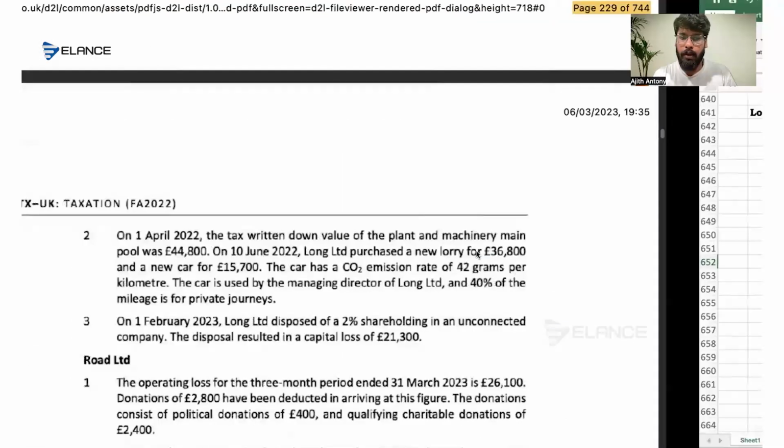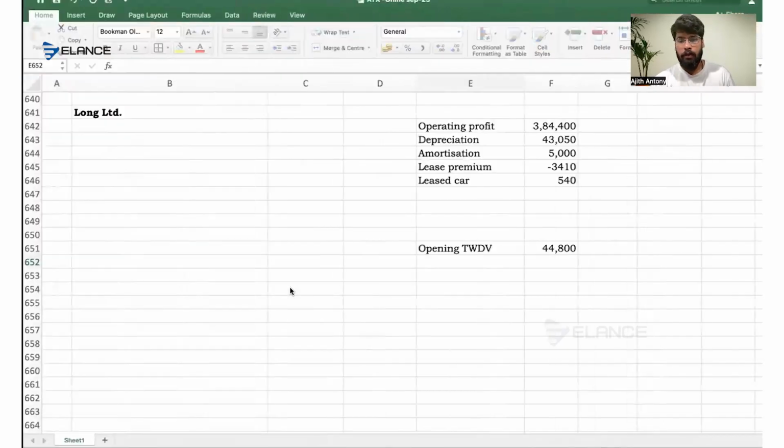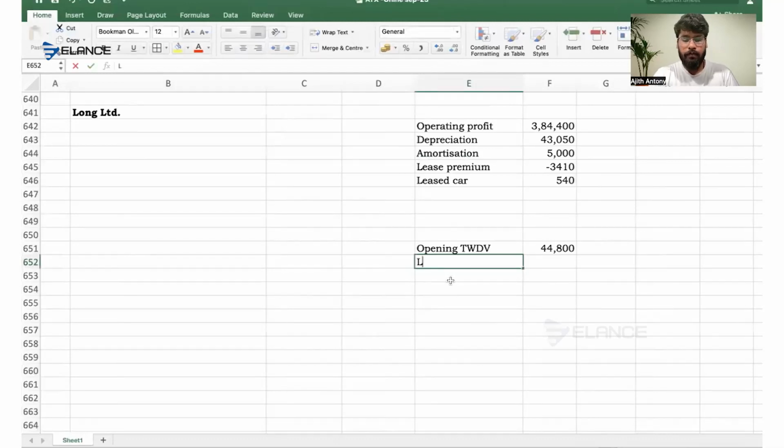It is the opening TWDV. And on 10th June 2022, John Long Limited purchased a new lorry for 36,800 and a new car for 15,700. So there were two purchases in this particular accounting period, and the first one was a lorry, 36,800, and the lorry will come under the main pool.